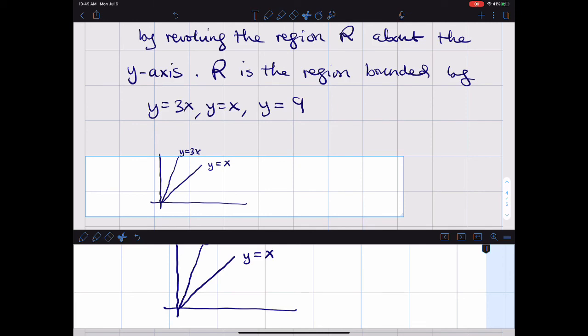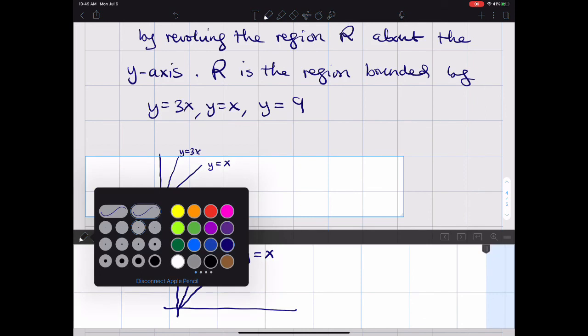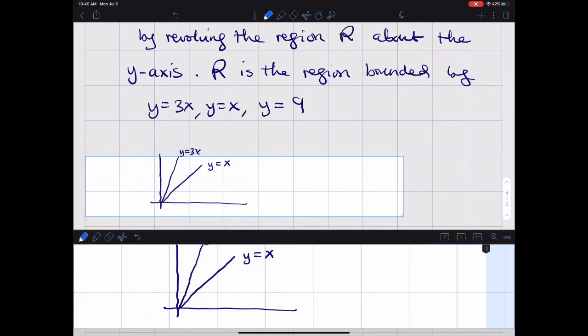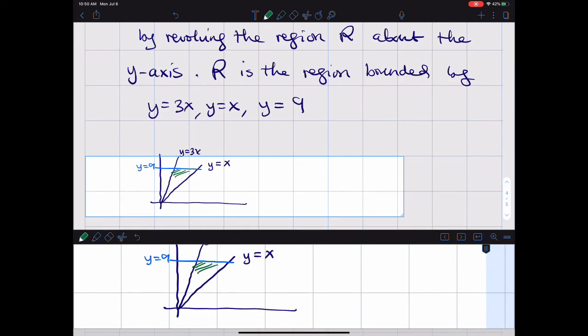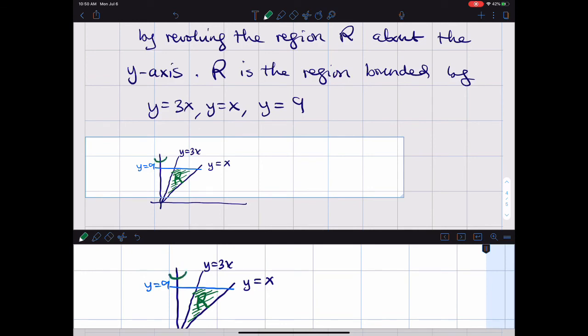Let's use a lighter color. So this is y equals 9. Okay. So this is the region. This is your region R. And you're rotating R about the y-axis.